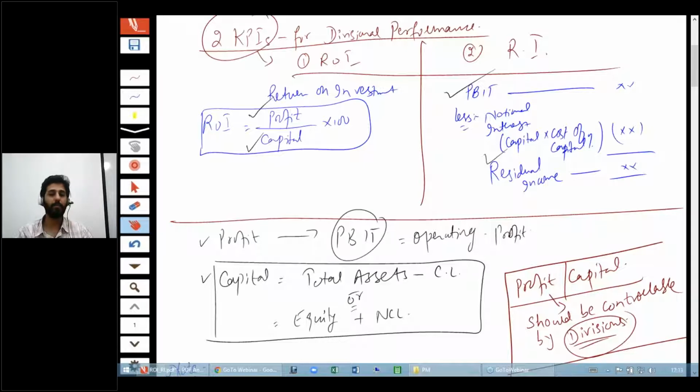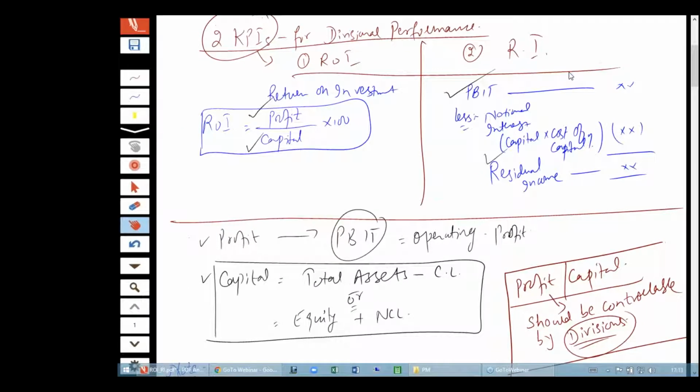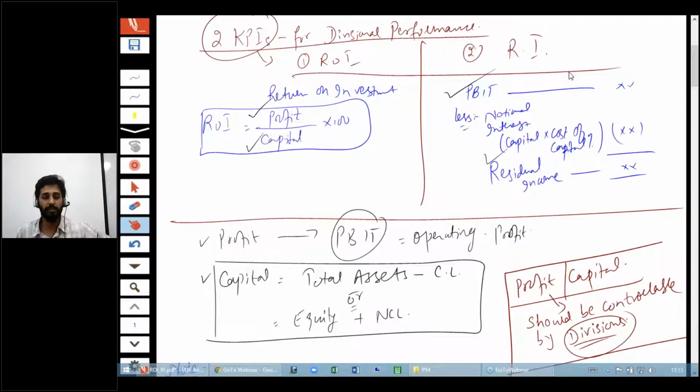The profit figure, for example, is the operating profit, over which I have some control.